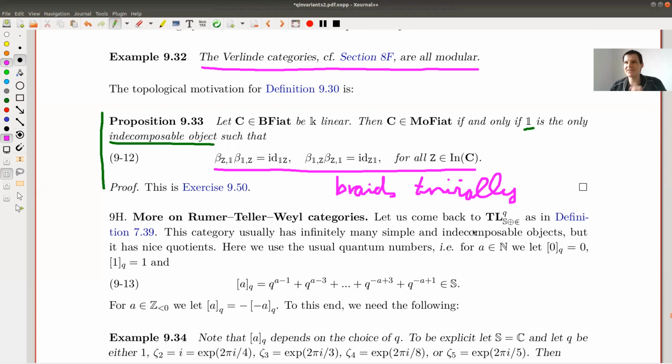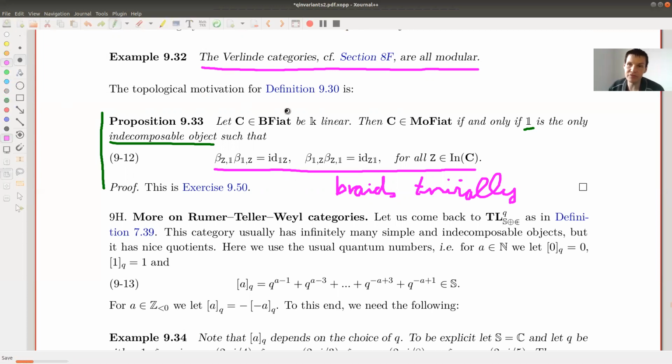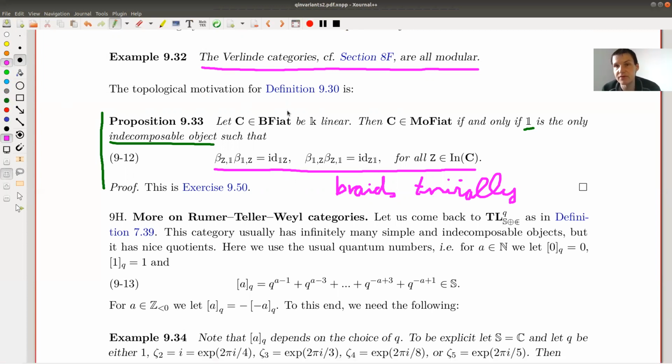In a modular category, you certainly have the unit object braiding trivially, and it's the only indecomposable one, which just means all objects that braid trivially are direct sums of the trivial object. And this is kind of as good as it gets, right? That's why this is interesting.